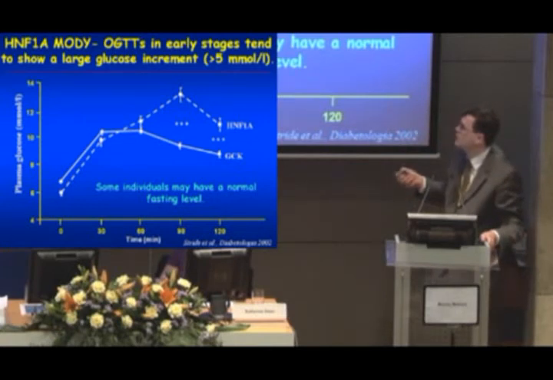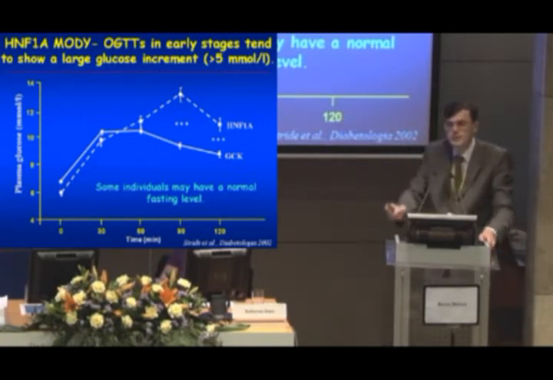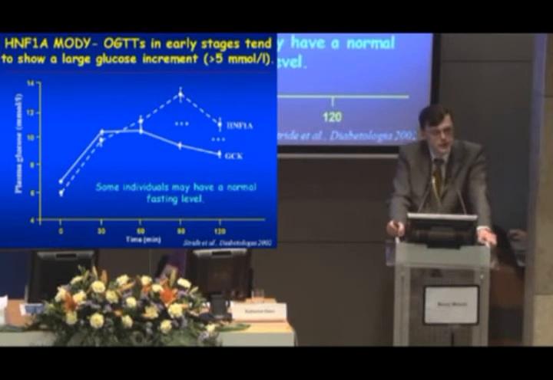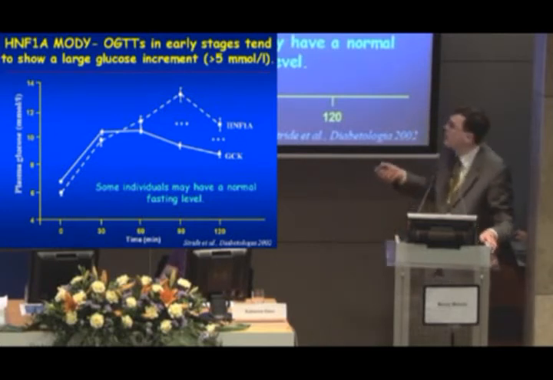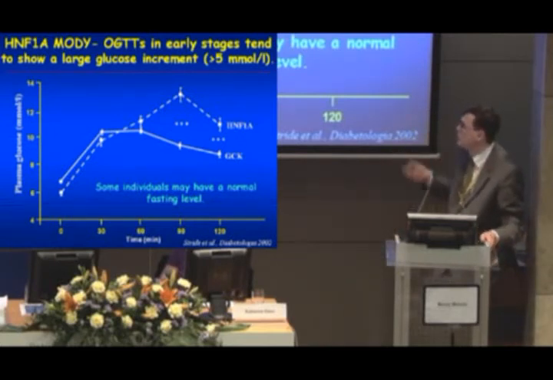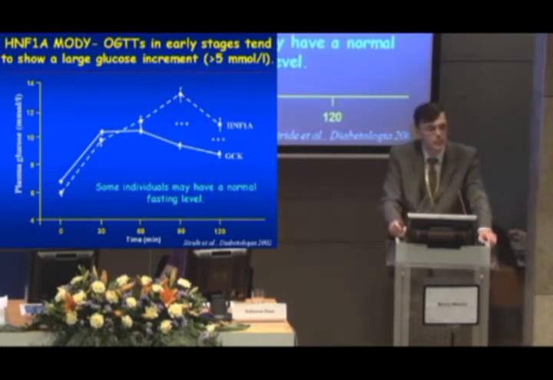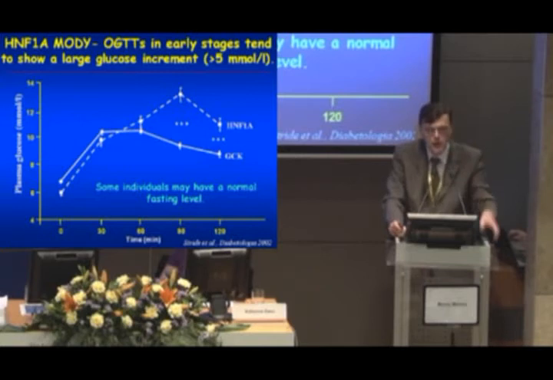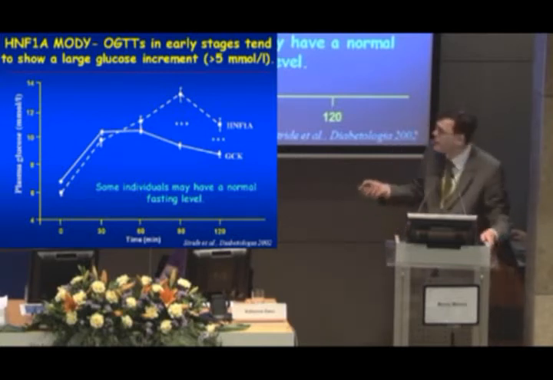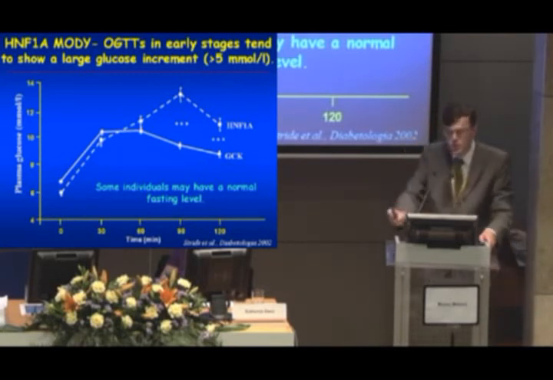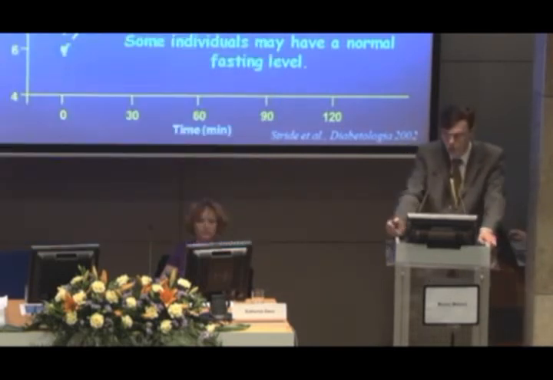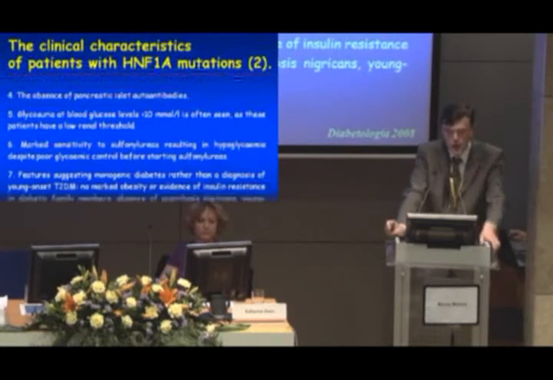Because, as it was said, in GCK MODY, you have a slightly elevated fasting glucose level. However, the increment is not huge, while in HNF1 alpha MODY, the fasting glucose level may be essentially normal. However, the increment is much larger than in GCK MODY.